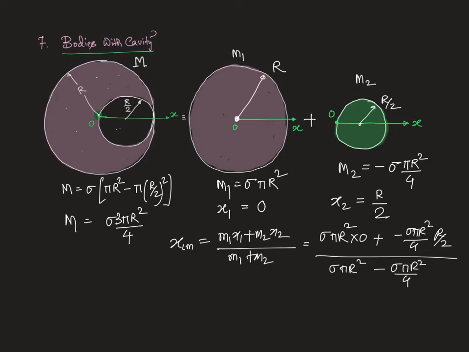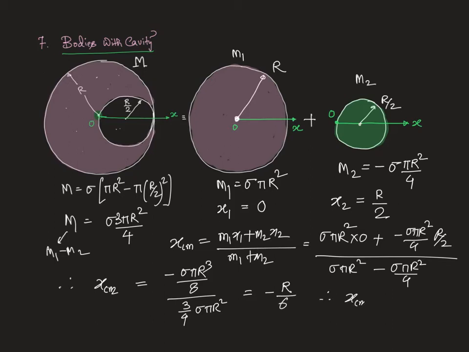So what is xcm equal to? Xcm is now equal to minus sigma pi r cube by 8 divided by 3 by 4 sigma pi r square. So that is minus r by 6, right? So xcm is equal to minus r by 6.